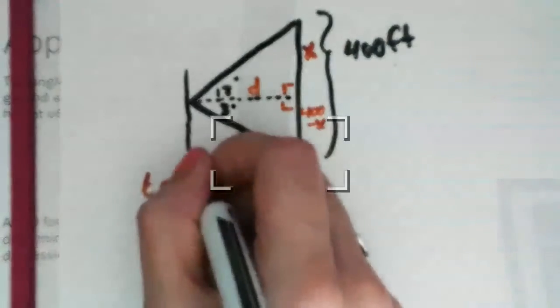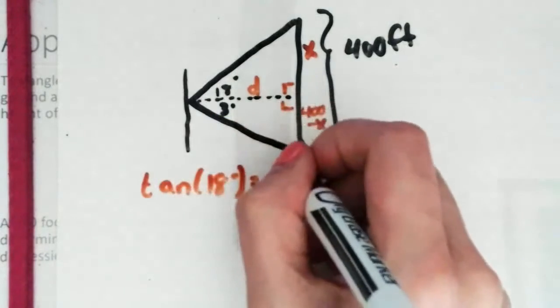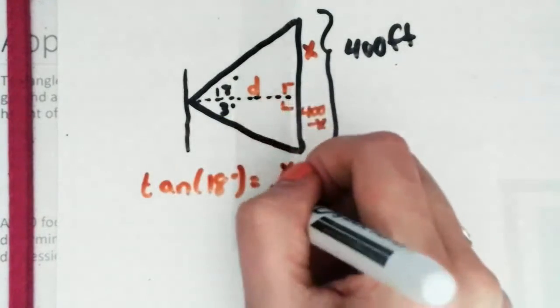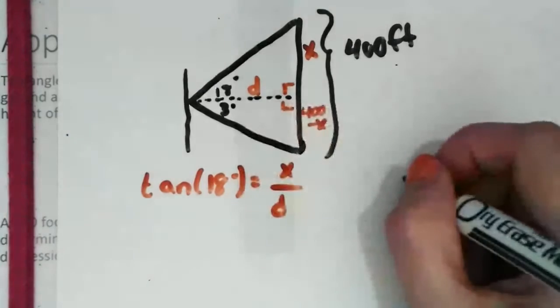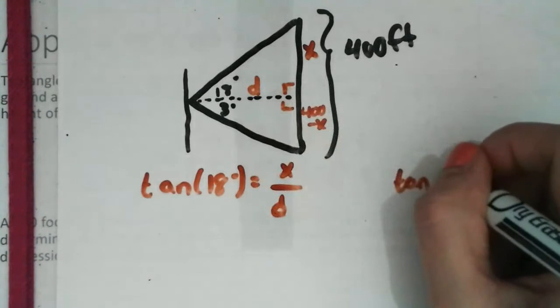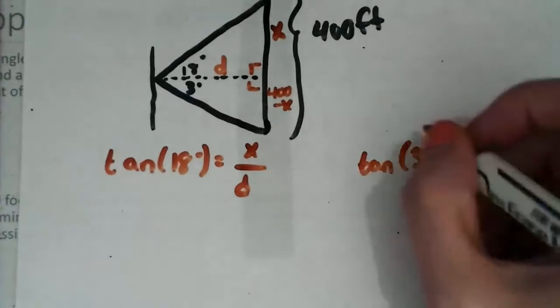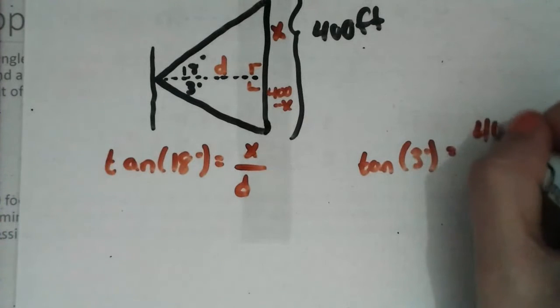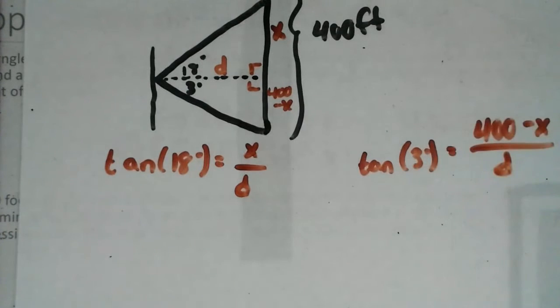So that'd be the tangent of 18 degrees is equal to the opposite X over the adjacent D. That doesn't seem super helpful yet. Let's try the bottom triangle. The tangent of 3 degrees is equal to the opposite 400 minus X over the adjacent D. Well, that doesn't seem super useful either.